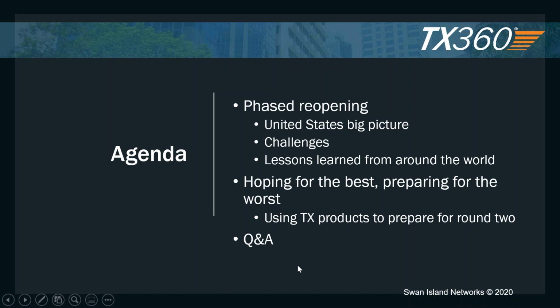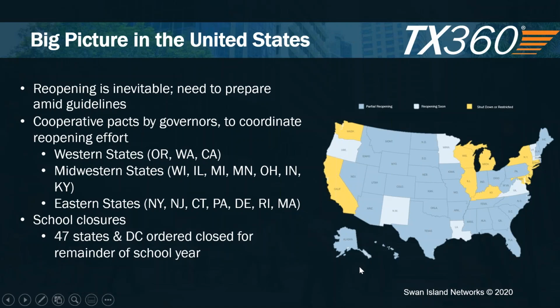And then finally, we'll review strategies to successfully manage and mitigate the threats and disruptions of the coming months, despite the added impacts of COVID-19. And we'll do this by taking a look at our software platform, TX360. And of course, finally, there'll be plenty of time for Q&A at the end. So with that, I'll hand it over to Ariel, who's going to walk us through the first part of the presentation.